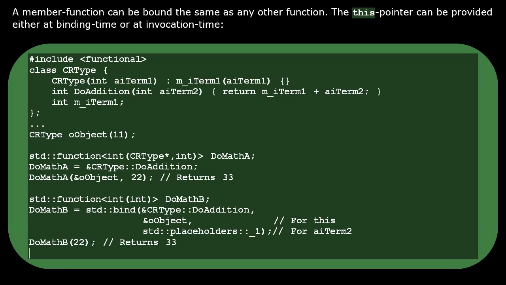A member function can be bound the same as any other function. The this pointer can be provided either at binding time or at invocation time.